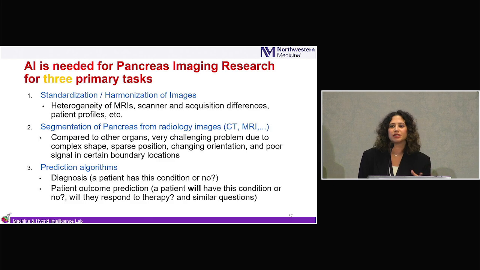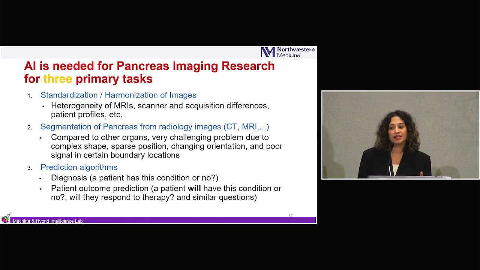projects and different medical problems, but the major approaches could be categorized under three titles. First, standardization and harmonization, because there should always be intensity correction and data homogeneity. Otherwise, AI could detect where those images come from, like from different vendors, instead of focusing on the diagnosis and the subtle changes.